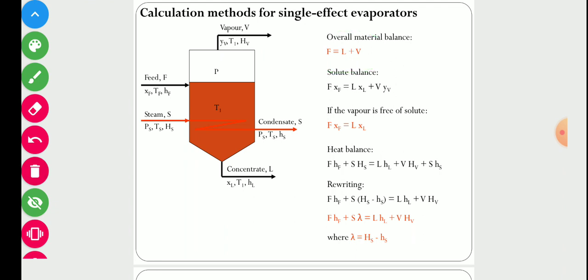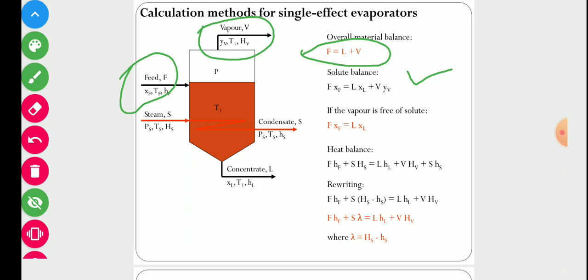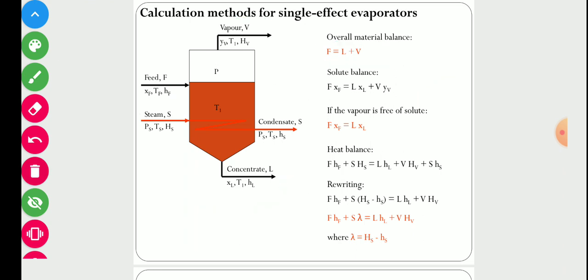Now this is the overall material balance, and if we apply a solute balance, then we have to multiply each component by the mass fraction of solute. The fraction is already given. The mass fraction of solute in feed is XF. Similarly, the fraction in the vapor phase is YV, and in the concentrate XL. So we multiply by the fractions, and we get the solute balance.